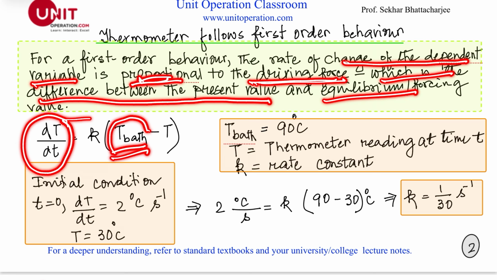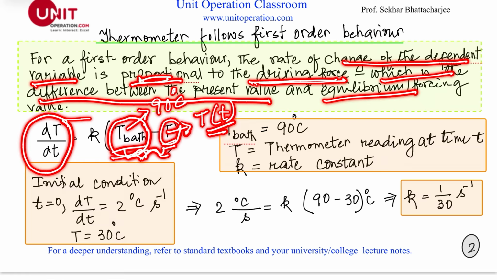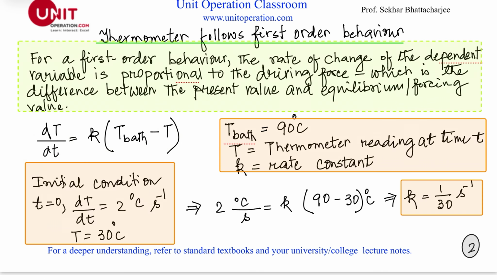The equilibrium value is going to be T bar, that means finally it will reach 90 degrees Celsius, and at any time t, this is my temperature. So at any time t, the driving force is the difference between the bath temperature and the temperature at that particular point. The rate of temperature rise at that point is proportional to this driving force. That's basically the first order behavior.